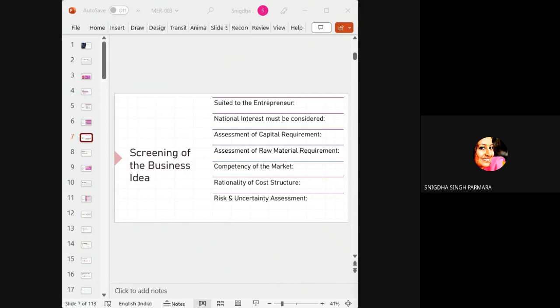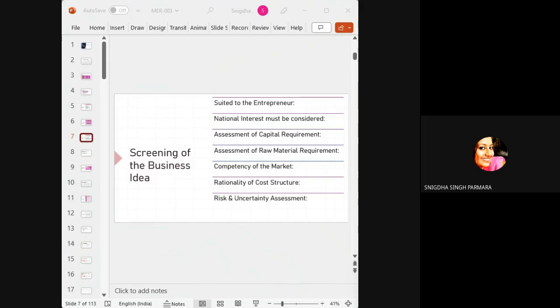So, on one hand, Ratan Tata did not take the order, and on the other hand, another company of the same country took the order and delivered the same. So, what is it? This is how national interest, when given importance by any enterprise, results in shortlisting of business ideas from that point of view.